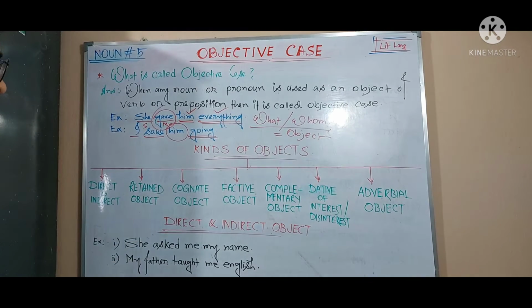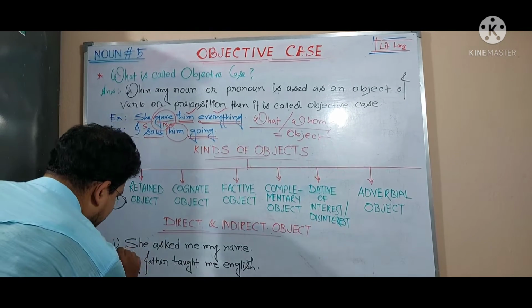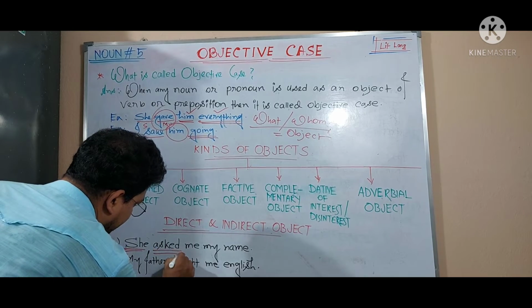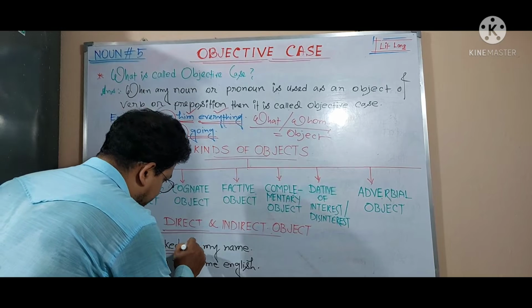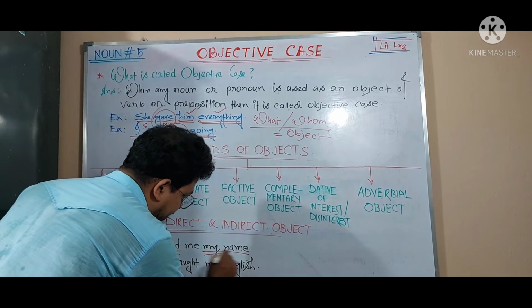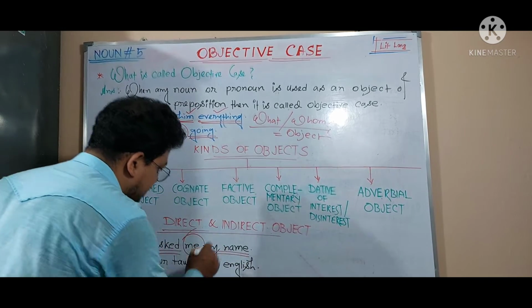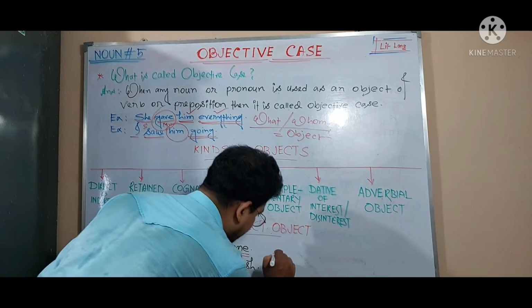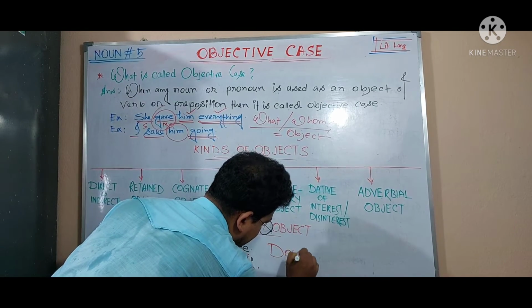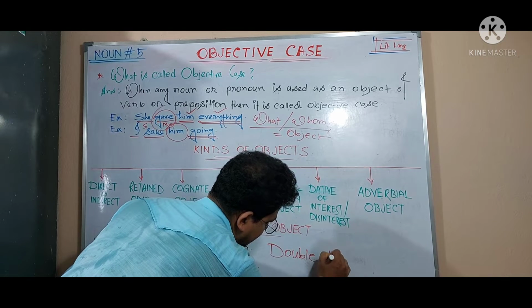Next: She asked me my name. Here, she is the subject, asked is the main verb. What did she ask? My name. And whom did she ask? Me. So there are also double objects.